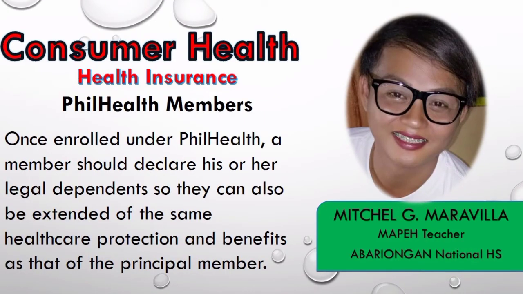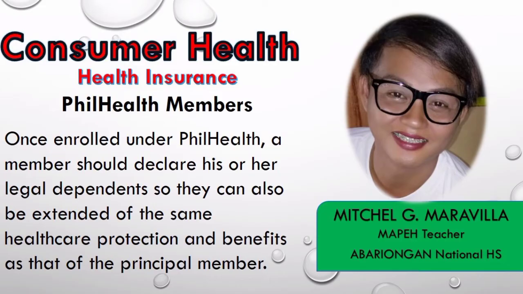Once enrolled under PhilHealth, a member should declare his or her legal dependents so they can also be extended the same healthcare protection and benefits as that of the principal member. So, ibig sabihin, kunwari ako yung naging member sa PhilHealth, meron akong dependent. Legal dependent.